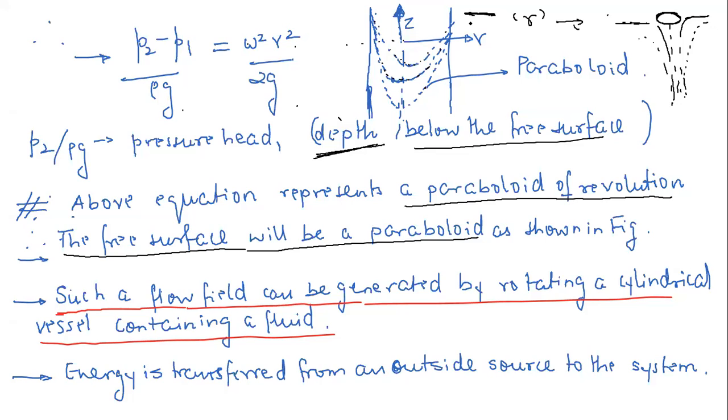That is one of the beauties when we create a forced vortex flow from an outside energy source. Such a flow field can be generated by rotating a cylindrical vessel containing a fluid. A very important point is that energy is transferred from an outside source to the system.